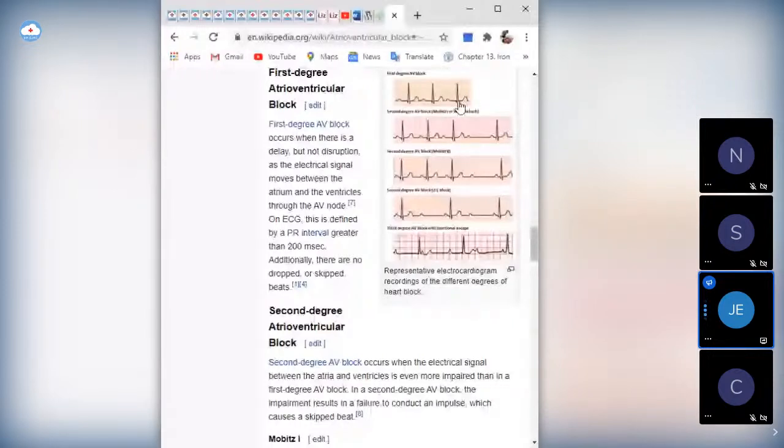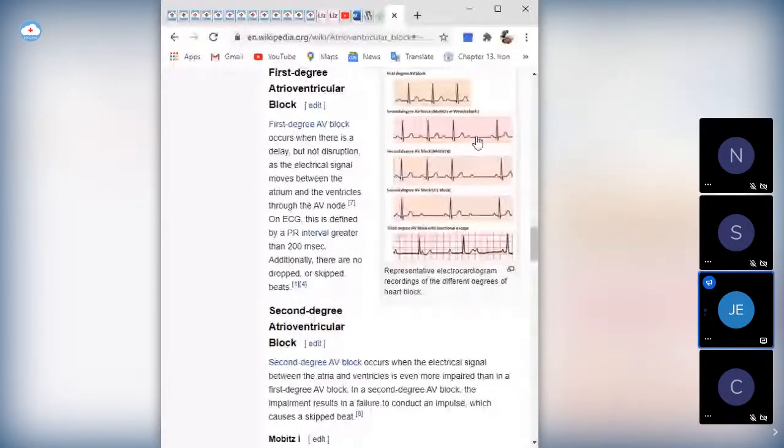The second degree AV block now has two types. There's second degree type 1, also known as Mobitz type 1. It is the Mobitz type 1 that exhibits the Wenckebach phenomenon, whereby the PR interval progressively gets longer, this one is longer than this one, until eventually it skips the QRS complex.